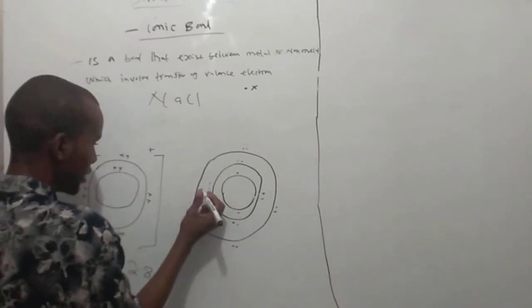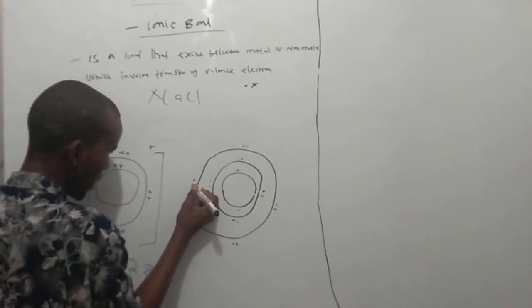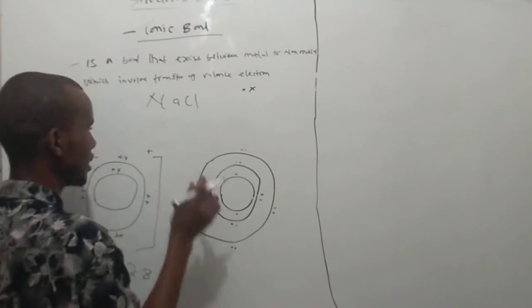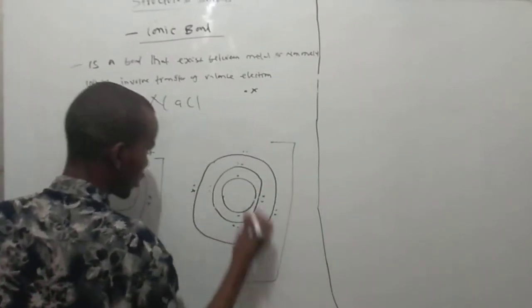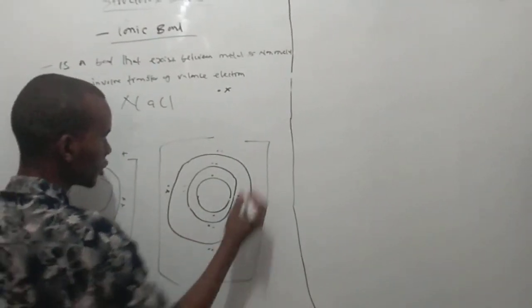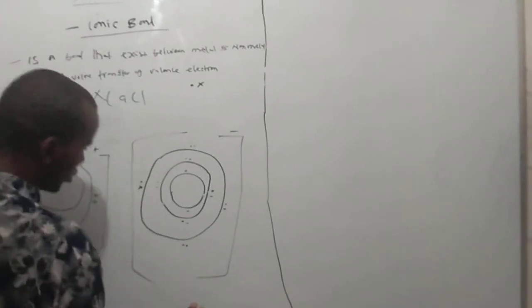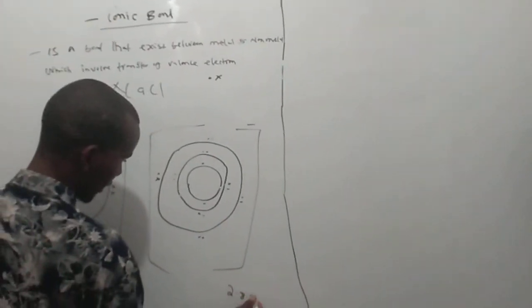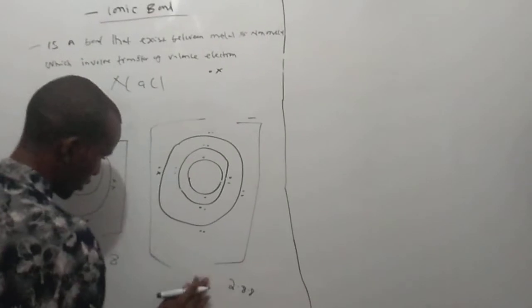The one being transferred, you show with a different symbol, like X. Now this is chlorine, negative, which will have 2, 8, 8. This is chlorine.